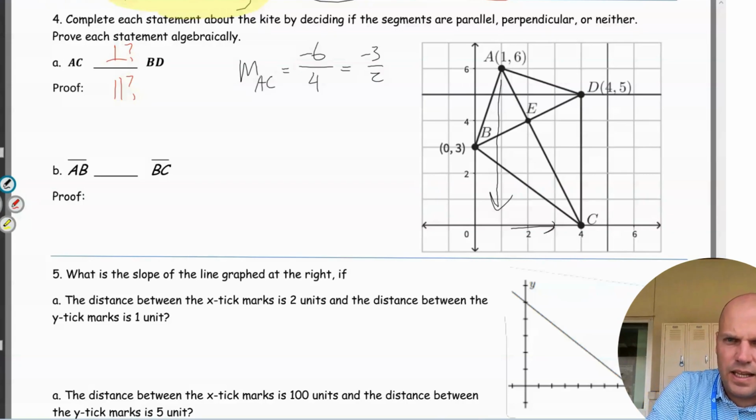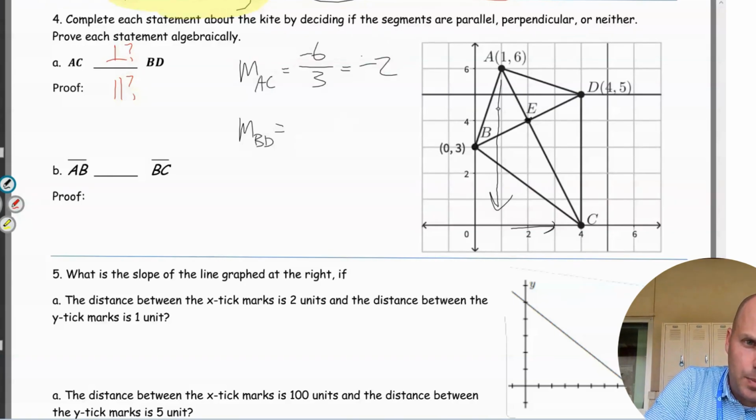Okay. And let's do the slope of BD. I can see these 2 points are a part of it. I go up 1 over 2. Never mind, that's over 3. That's -2.